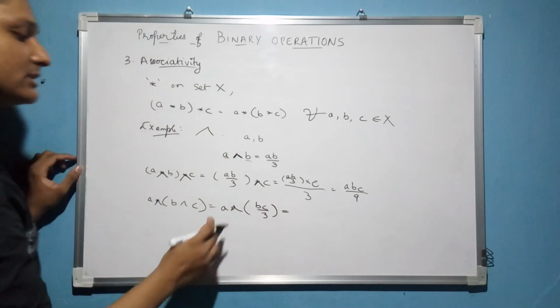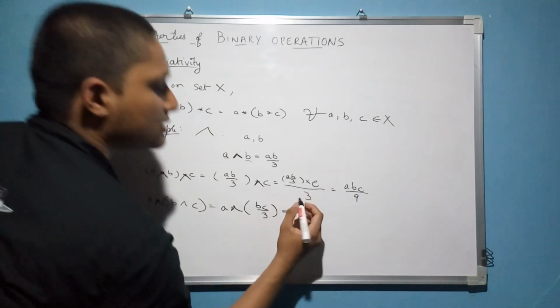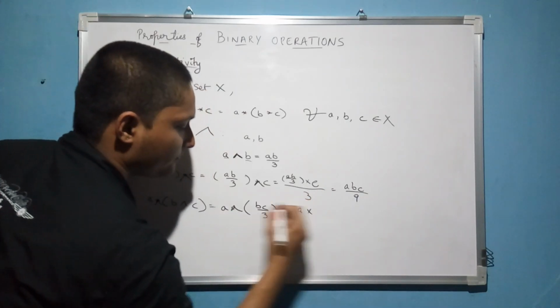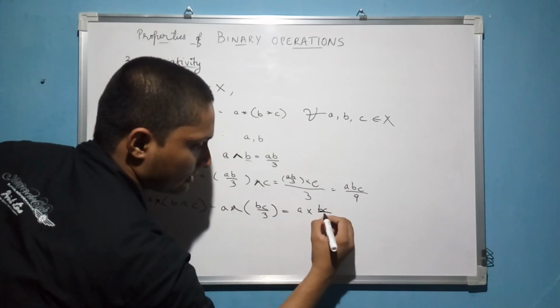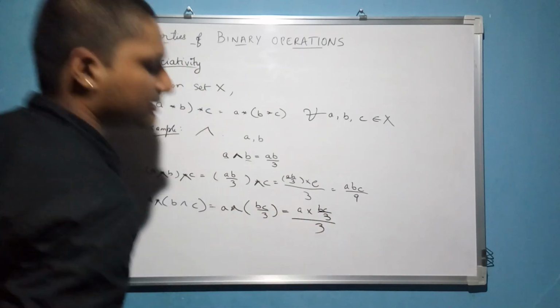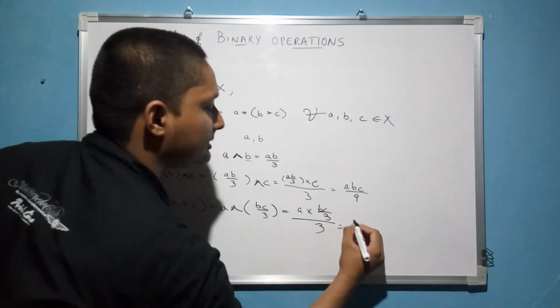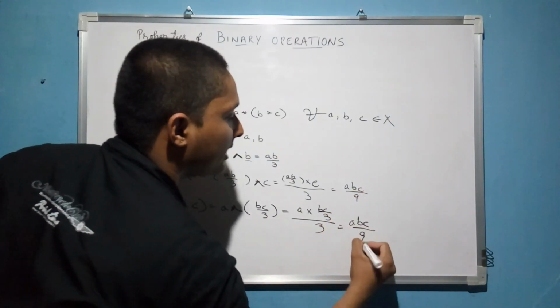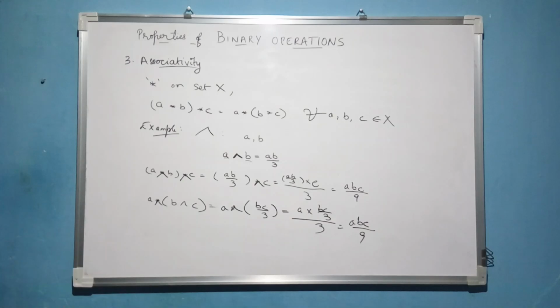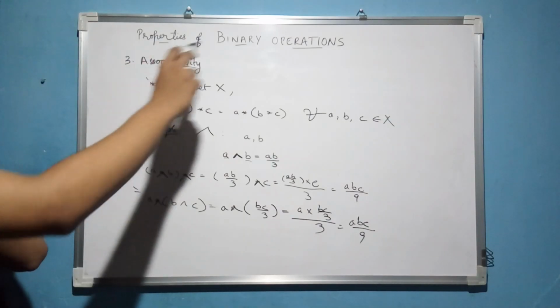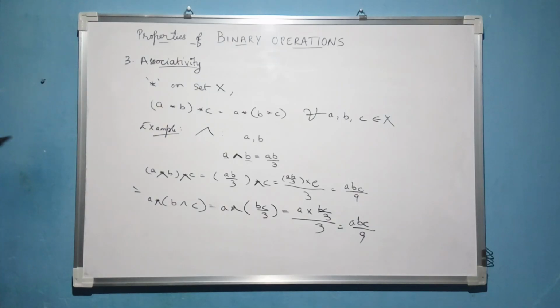This is the first number, this is the second number, so it is A into BC by 3, divided by 3. Again we get the same number, ABC divided by 9. From this you can conclude that both are equal, which is why this binary operation is associative.